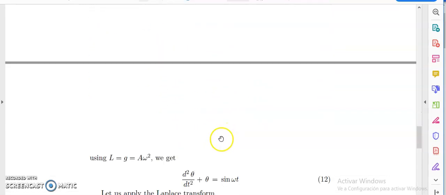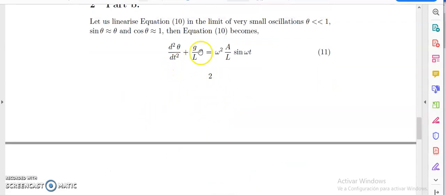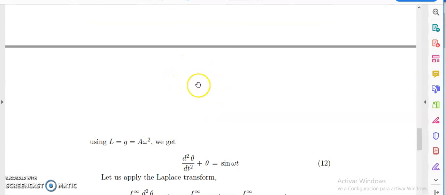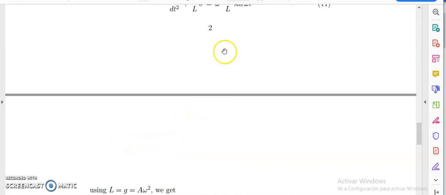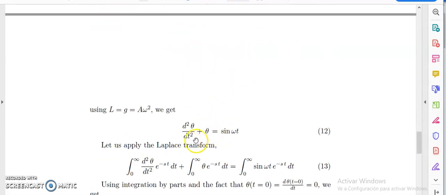We will also use the nondimensionalization in which L equals g equals A times omega squared. So equation 11 becomes simply the second derivative of theta with respect to time plus theta equals sine of omega t.